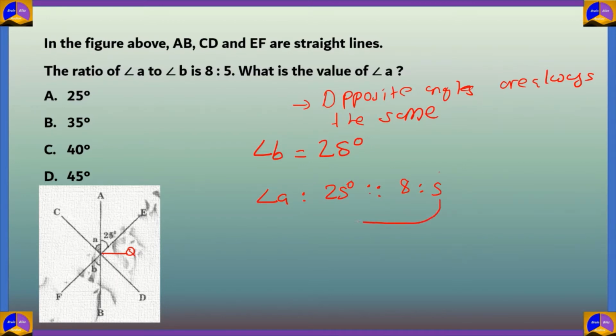If we multiply 5 by 5, we get 25. So if we want to find angle A, we will have to multiply 8 by 5 to derive the value of angle A. Now, 8 times 5 is 40. So, angle A equals 40 degree. That is option C.